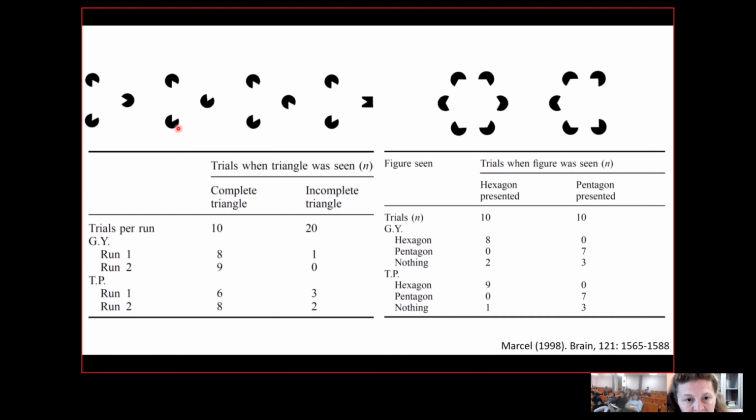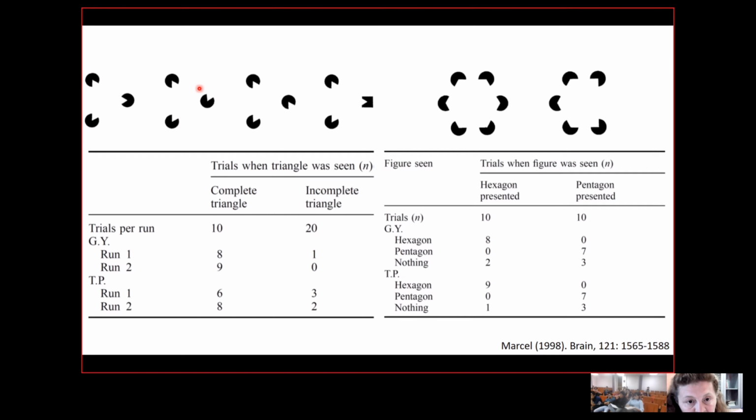So in all these cases, the only thing you see is these two Pac-Mans here. But what's different in the patient's response is the number of times the patient reports a triangle. If you are in this condition, mostly the patient reports a triangle, but they don't see this Pac-Man. Here, instead, they do not report a triangle because there's no triangle, right? However, in this case, and also in this case, they only see these two Pac-Mans here.